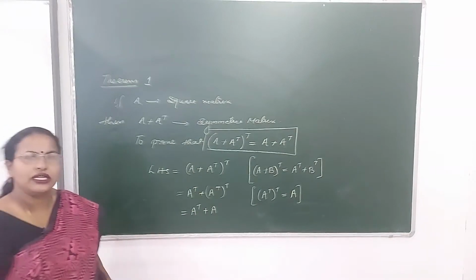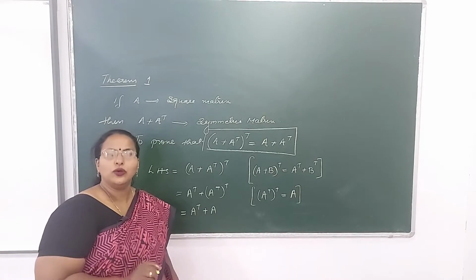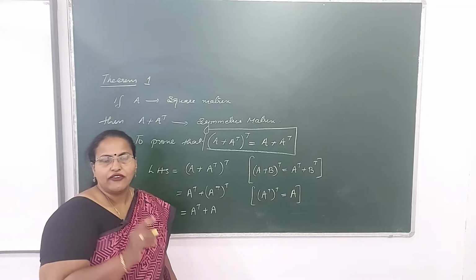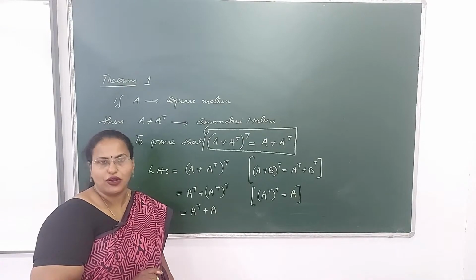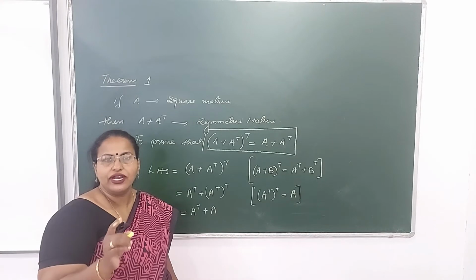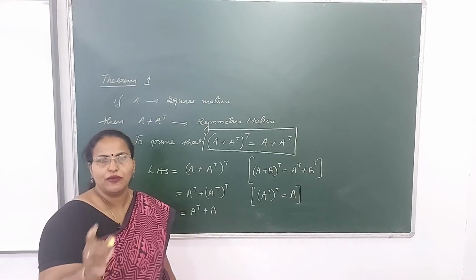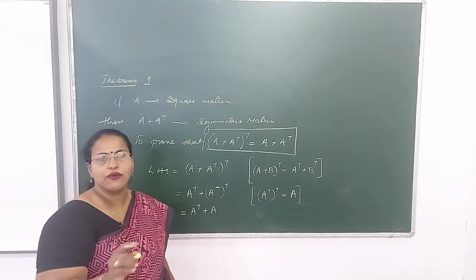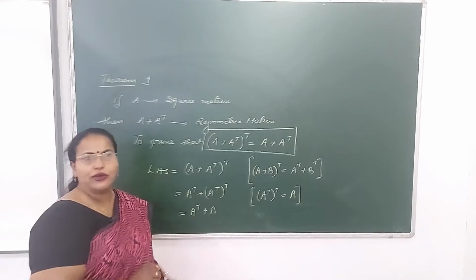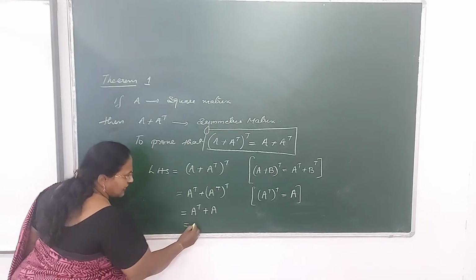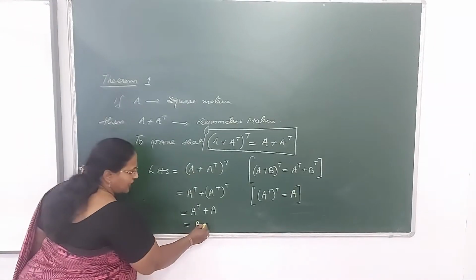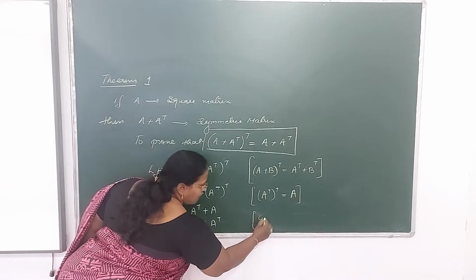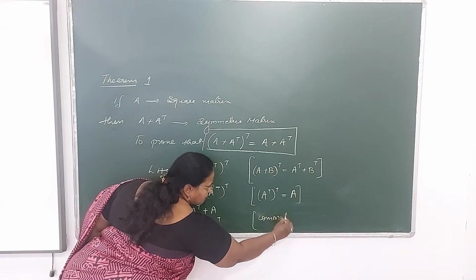Now one more important thing: while explaining matrix addition, I explained the property that if A and B are matrices of the same order, that is comparable, then definitely it will hold the commutative property. What is that? Matrix addition holds the commutative property. So applying the commutative property, here you can write this is equal to A plus A transpose, because it holds the commutative property.